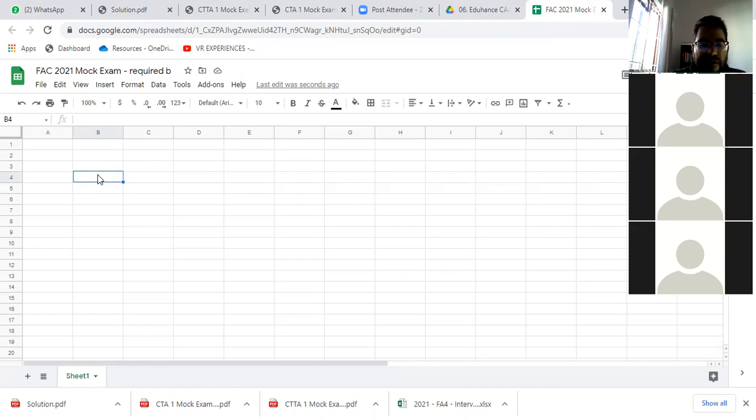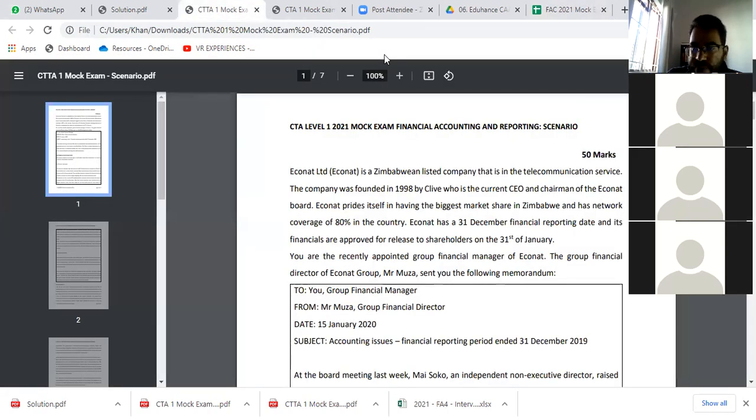I don't want the thing to change in case someone plays around and makes a mistake, and Google automatically saves it. We wouldn't know where things changed, so we just keep it as is. I have edit rights, but once you download the file, you'll be able to see all the formulas and make any changes. Then it's your file. That is why I chose that approach. So let's go back to the scenario.